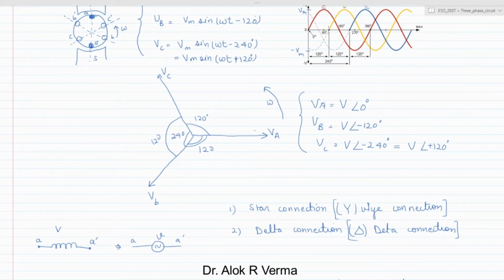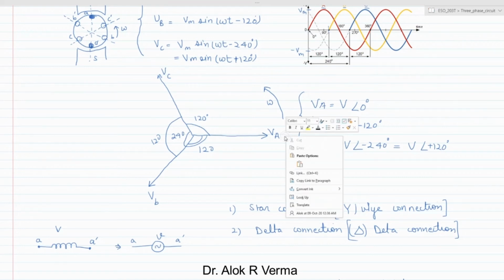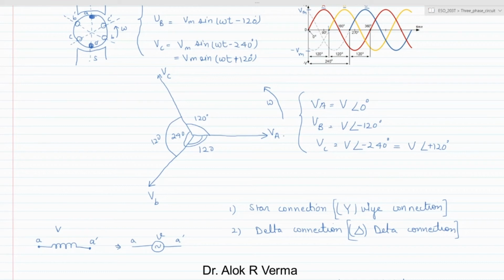If we try to find out what a phase is, phase means if you start looking at this point, after some time you'll see one more phase coming up, correct? So what phase will come when you are observing at this point? After VA, we get VB, and then we get VC. So this is phase A, B, C. So this is a phase sequence. Okay, so the phase sequence is A, B, C.